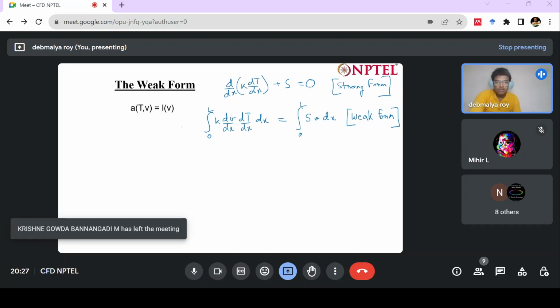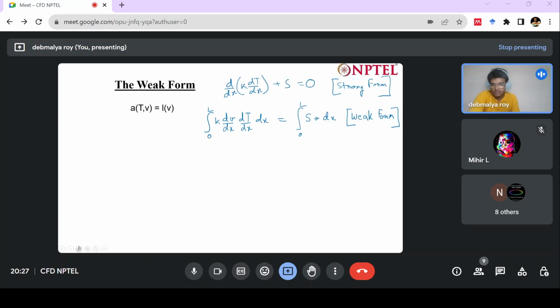Okay. So now what we are saying is that this particular term I will write as a(v, t), and this term I will write as L(v). This is just a notation, nothing else.